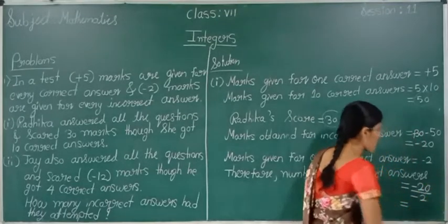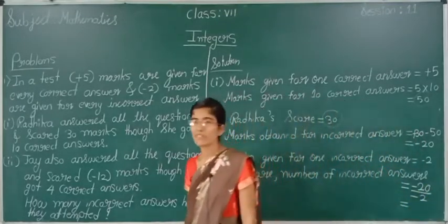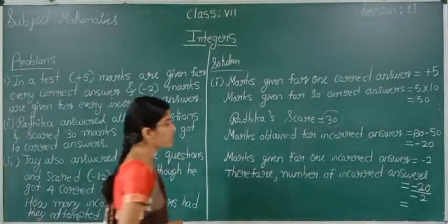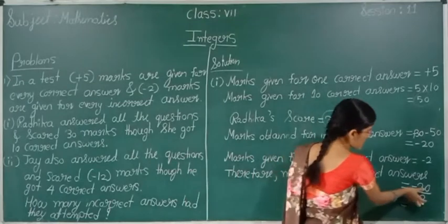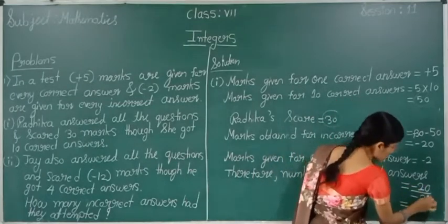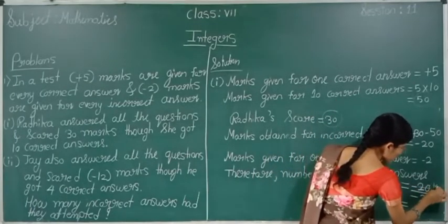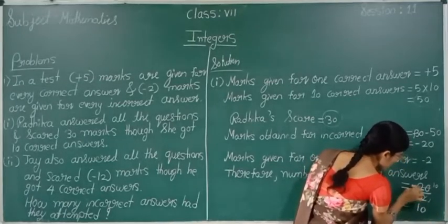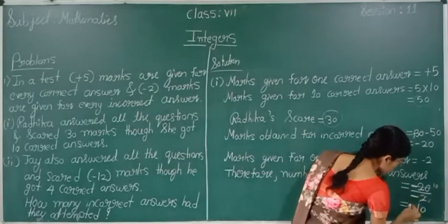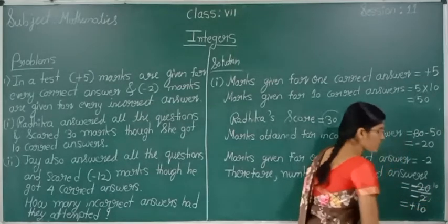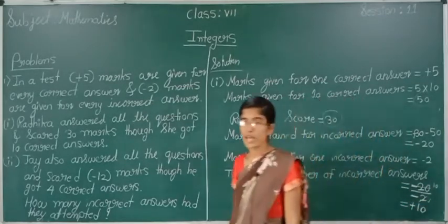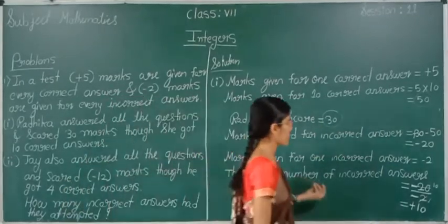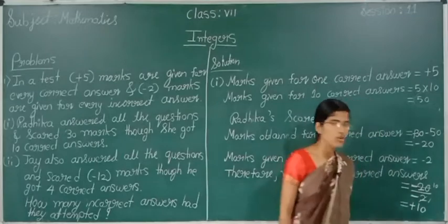In the last class I told you how to divide a negative integer by a negative integer. We divide them as whole numbers: 2 ones are 2, 2 tens are 20. When we divide two negative integers, the answer will be a positive integer. Therefore, the number of incorrect answers is equal to 10.